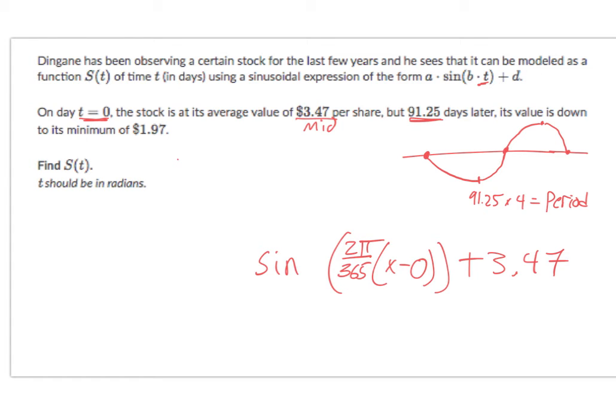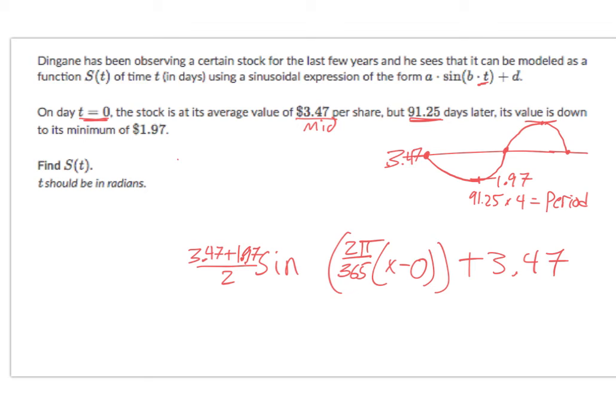All right, last piece is we need an amplitude. If we think about this, if we've got a max of 3.47 and a min of 1.97, the average of these two would end up being our amplitude. So if you're feeling especially lazy, you could write that as 3.47 plus 1.97 divided by 2. Oh man, I totally messed this up because this is not the max. 3.47 is the midline.